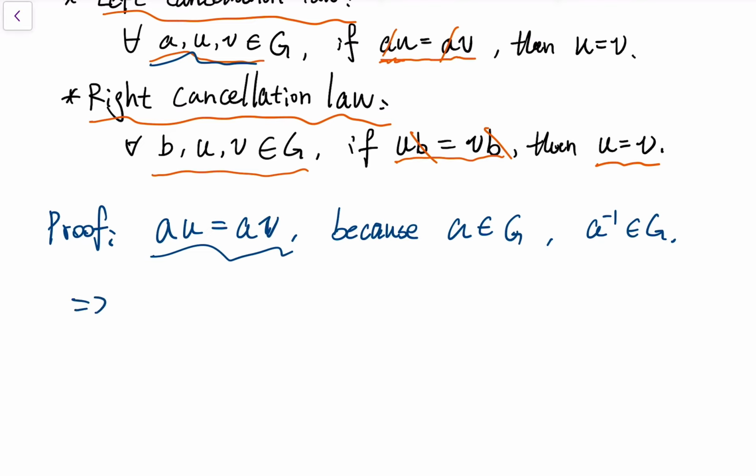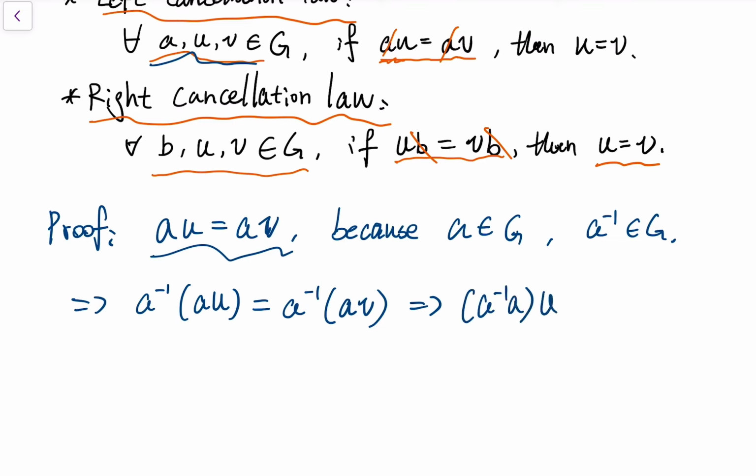So that is A inverse times AU equals A inverse times AV, and then we just use the associative law. Then that is A inverse A U equals A inverse A V.